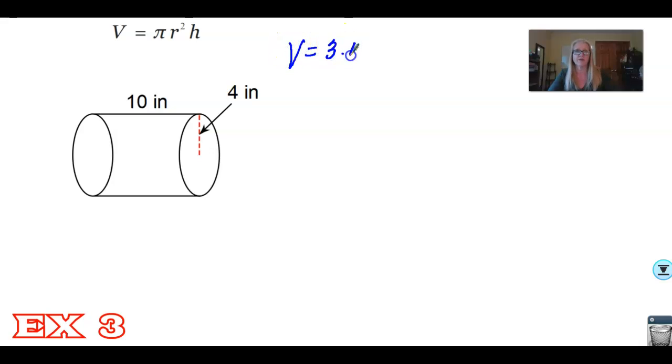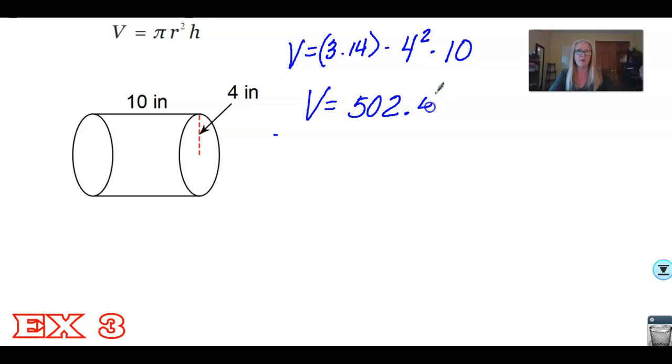We're going to use 3.14 times the radius, 4 squared, times the height, 10. Plug all that into your calculator. Obviously, 4 squared is going to be 16. So when you plug all this in, you get volume is 502.4. Just like that. Pretty straightforward. It's just the can's laying on its side now.